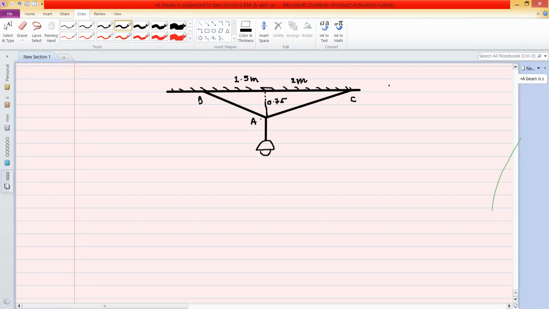The weight of that bulb is 10 kg. So this is given as W, that is equal to 10 kg.